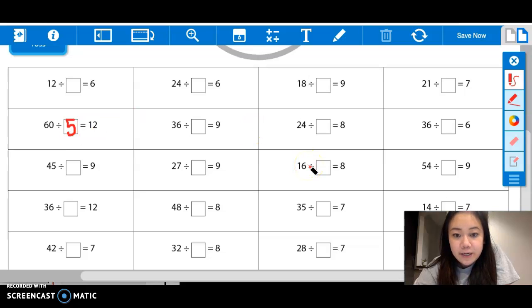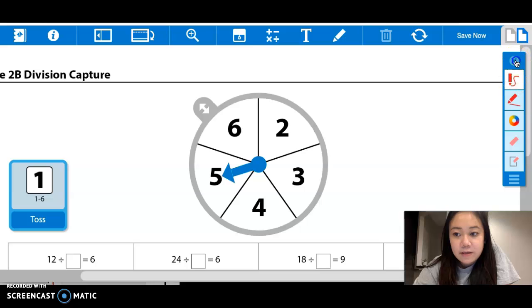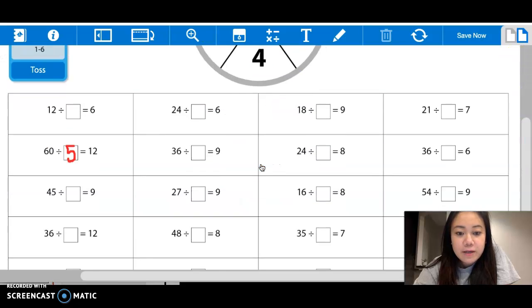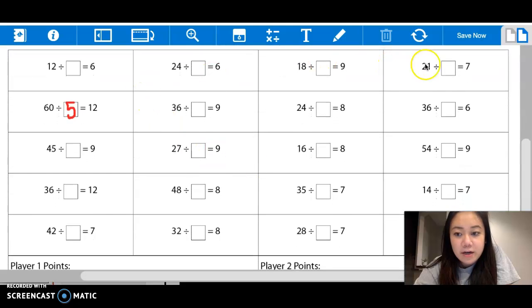So second player is red. Let's say you're the first player now. After that, the other player spins. I get a 3. Where can 3 go in here to make it true? It has to be true. So 6 times 3 is not 12. 6 times 3 is not 24. 9 times 3, nope. 7 times 3?